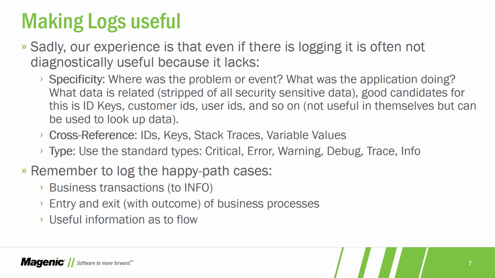Business transactions, as we've said before, make great sources of fodder for info logs. If they're carefully and thoughtfully formatted, they can go through a log analyzer and then produce interesting metrics and KPIs for the business, including frequency of transactions during the day, total number of transactions, transactions per hour, failed transactions, successful transactions, and so on.